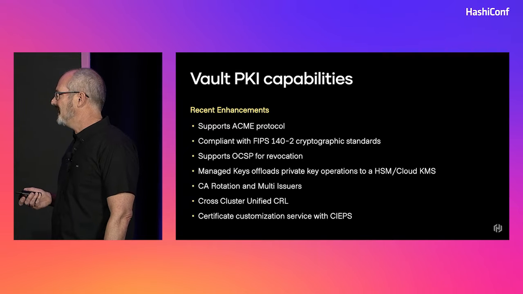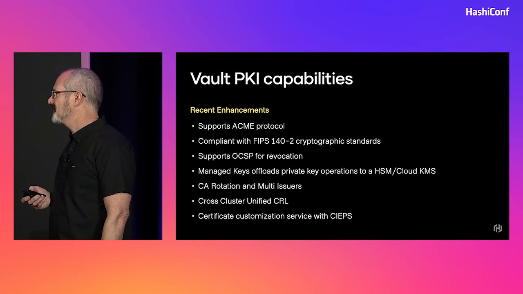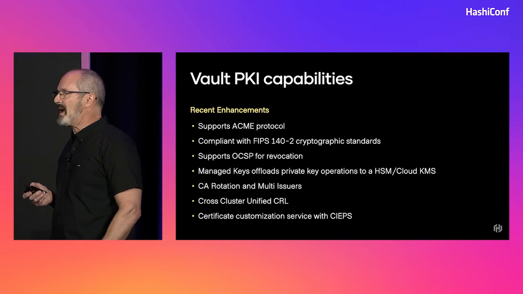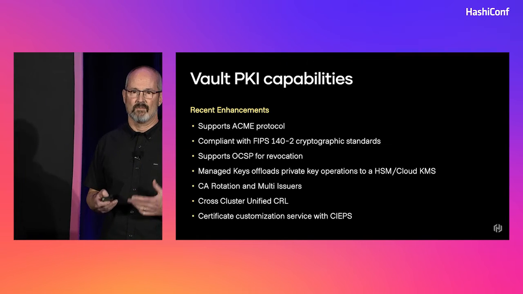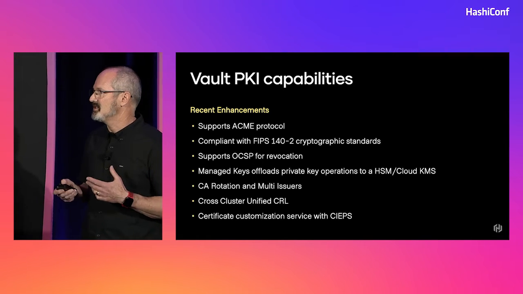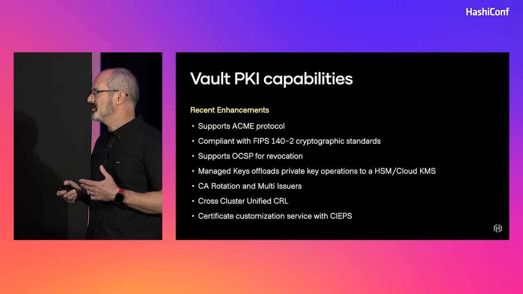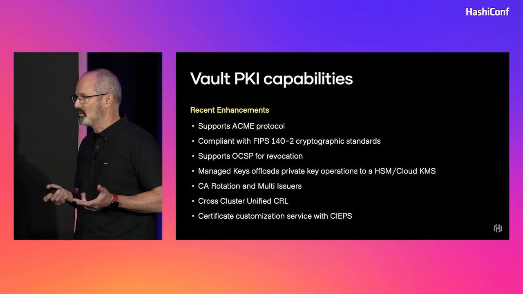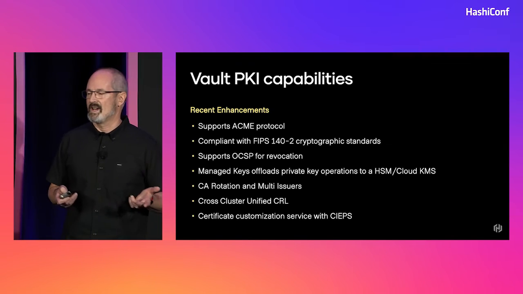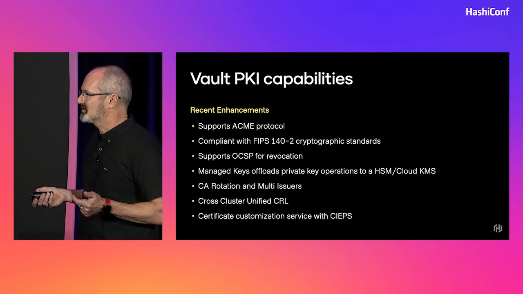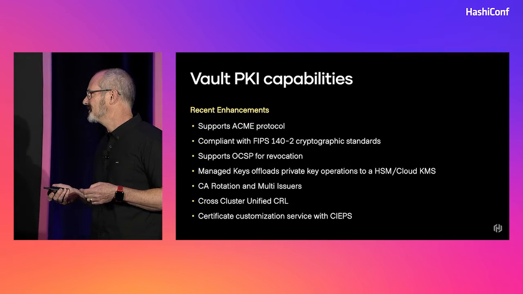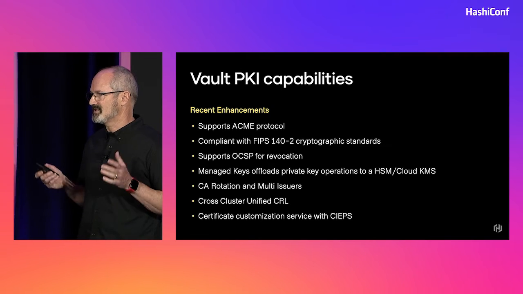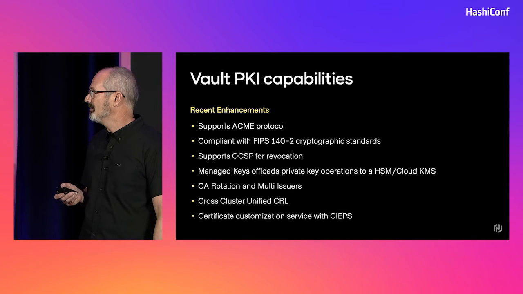And then recently, in the 1.15 release that just came out, we are empowering customers to create their own custom policies, and also, if they need to customize some of the information or extensions on those certificates for business or compliance reasons, we're giving them the capability to do that with CIEPS, the Certificate Issuance Policy Service, which sits external but connects securely to Vault. So there's just a lot going on there in terms of capabilities that Vault has to manage PKI.